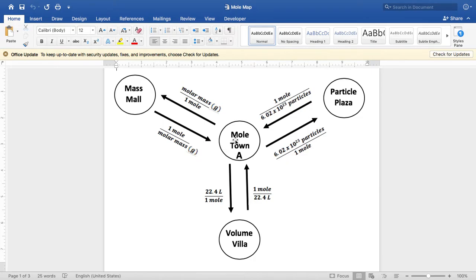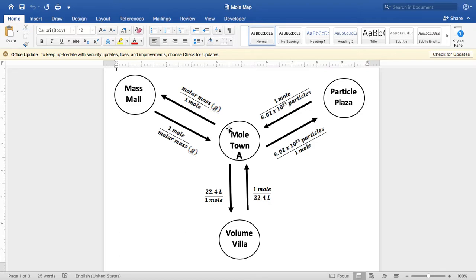Okay, and these streets can only go in one direction. Okay, if you're starting at Mole Town and you want to go to Mass Mall, you have to take this road here, this arrow. Okay, now if you're going the other way, if you were starting at Mass Mall and you wanted to go to Mole Town, you would have to go in this direction. Okay, you could only go one way, whether you're going from Mole Town to Mass Mall or Mass Mall to Mole Town.